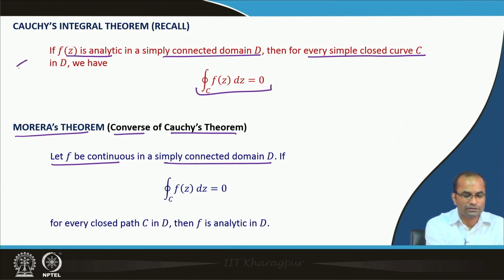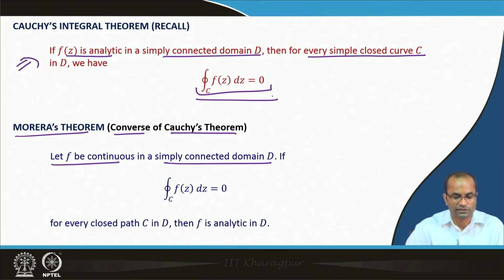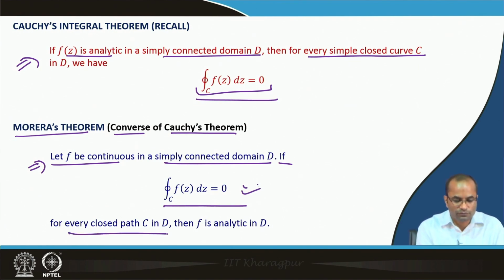In the Cauchy theorem, f was analytic, then the integral was 0. Now, we are going the other way around: if this integral is 0 for every closed path C in D, then f is analytic.